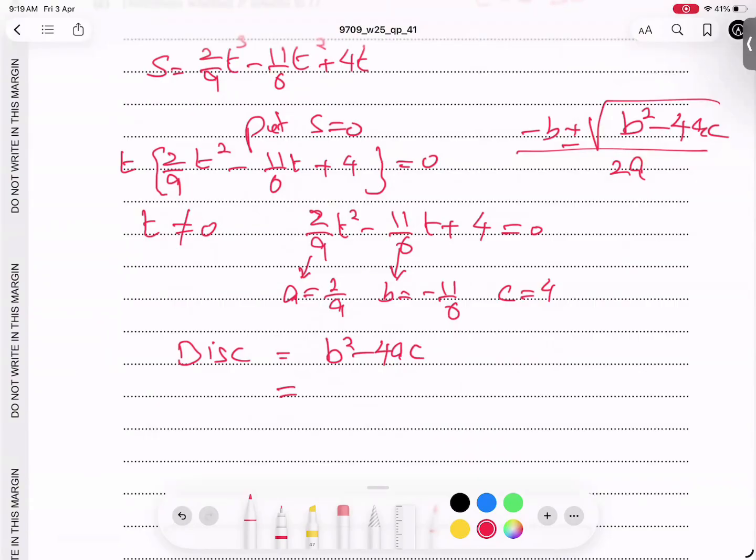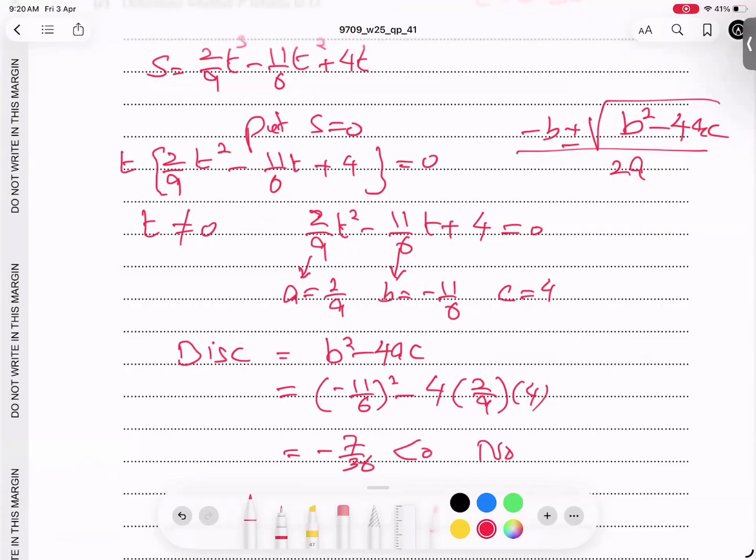So let's see. Negative 11 by 6 squared, minus 4 times A, which is 2 by 9, and C is 4, which I'm going to type in the calculator. 11 divided by 6 squared, and negative 4 times 2 over 9 times 4. I'm getting negative 7 over 36, which is less than 0.